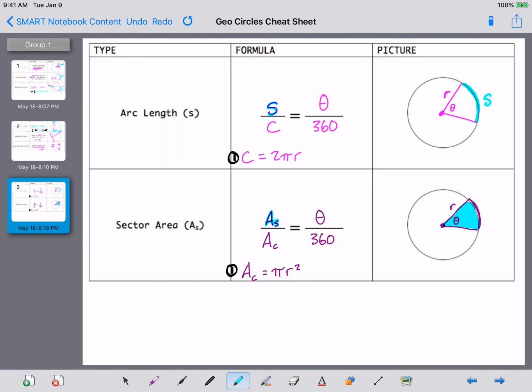Then you can fill in what you know, which is usually the circumference or the area of the circle, and theta, and then cross multiply to find either the arc length or the area of the sector. In the space below, you can put any examples that you would like. If there's a particular example that you are a little bit worried about, go ahead and put those in that blank space.